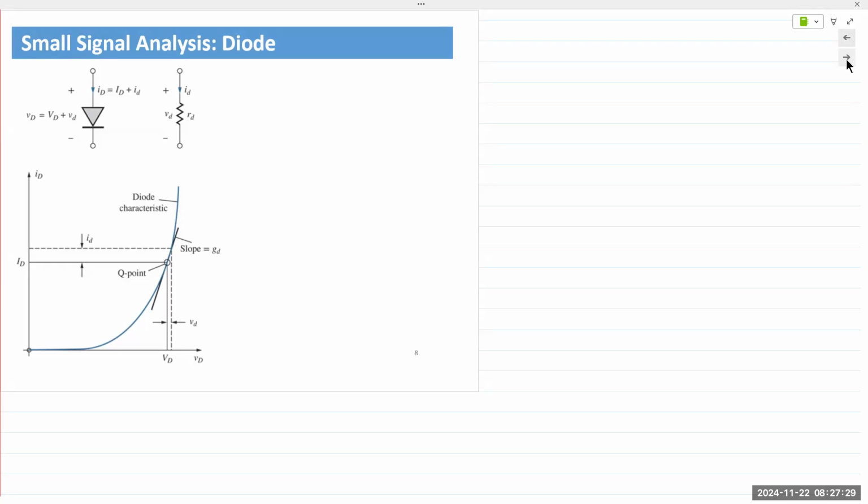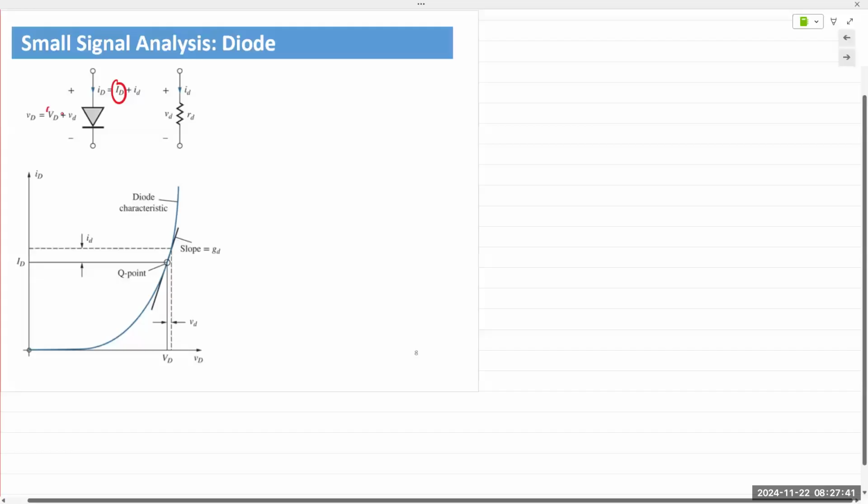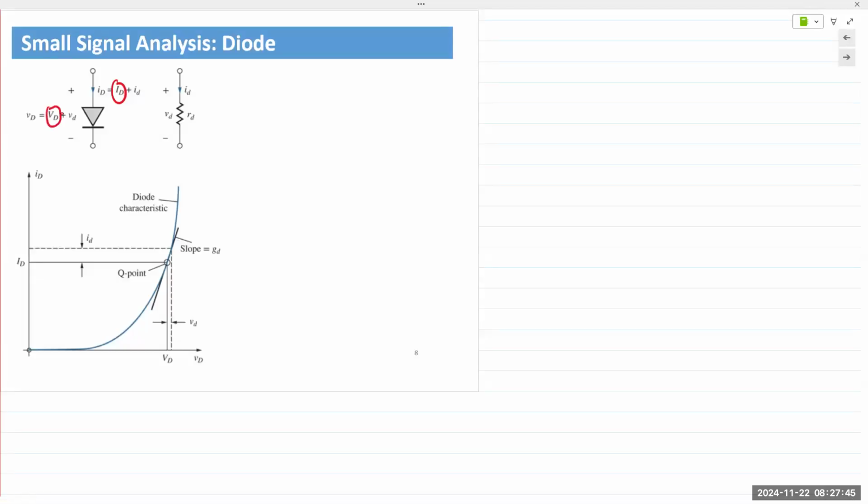Okay, now in the diode, it's a far simpler model because we only have two quantities, VD, the diode voltage, and then ID, diode current, right? For the application of a DC input, we have VD and ID, and that would be a Q point.